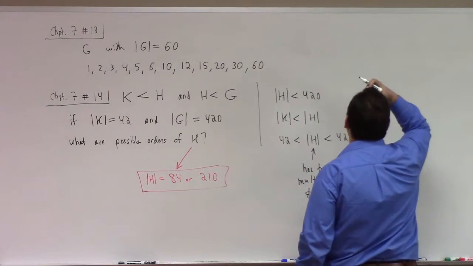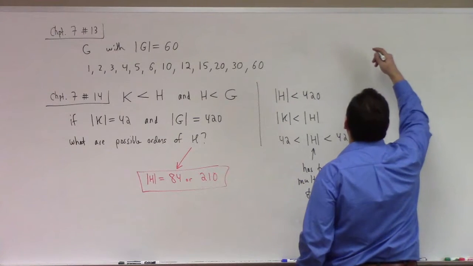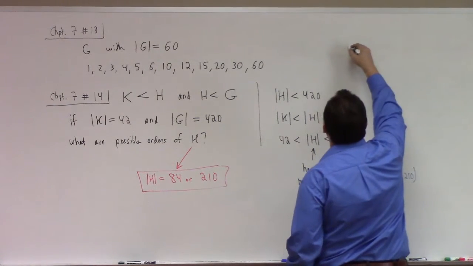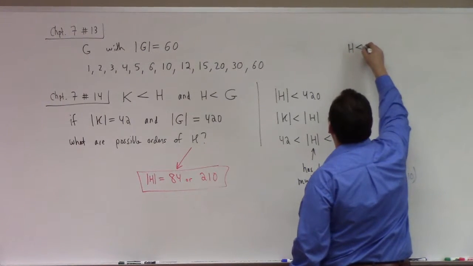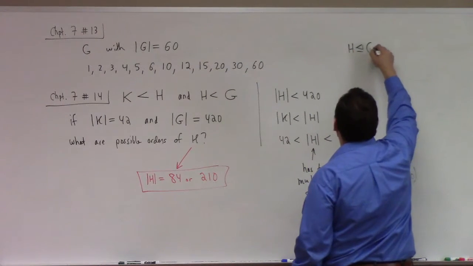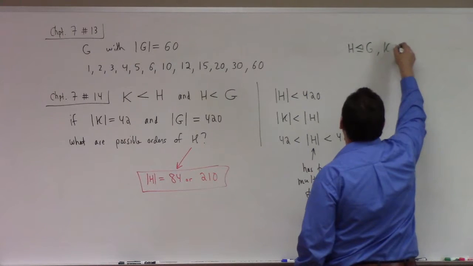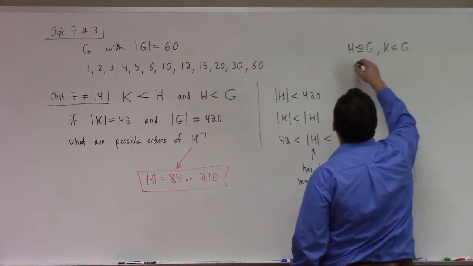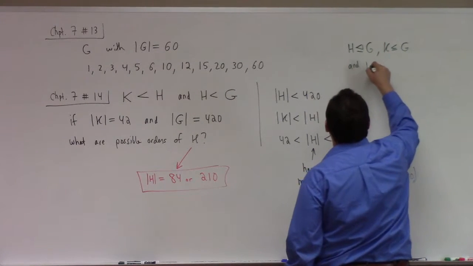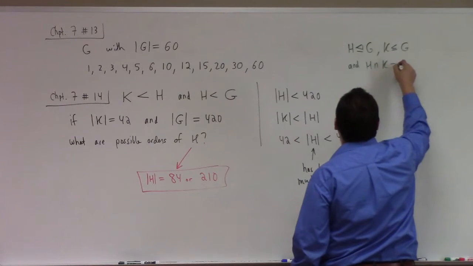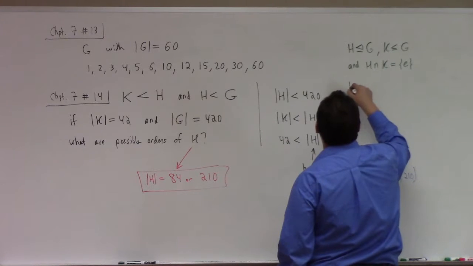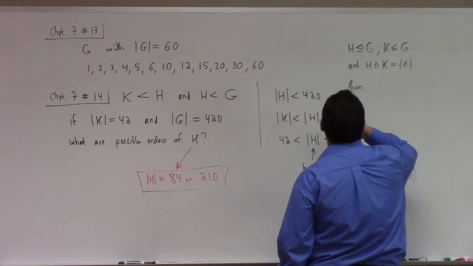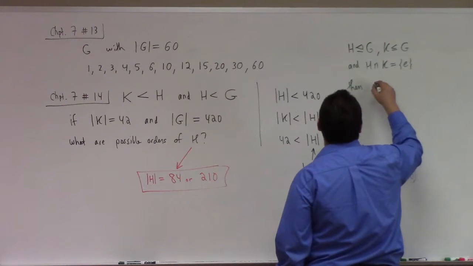Let's see here. Okay, so if we had H is a normal subgroup of G, and K is a normal subgroup of G, right? And H intersect K is the identity, right? Then what did that mean? Yeah, I think G was equal to HK, right?